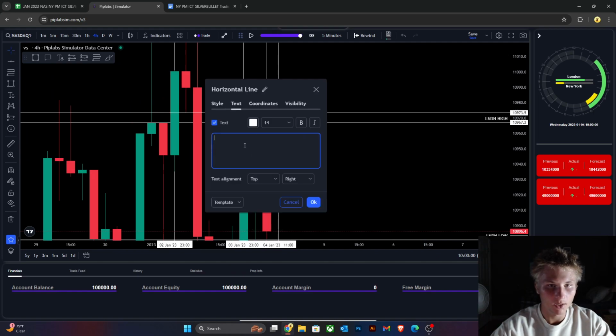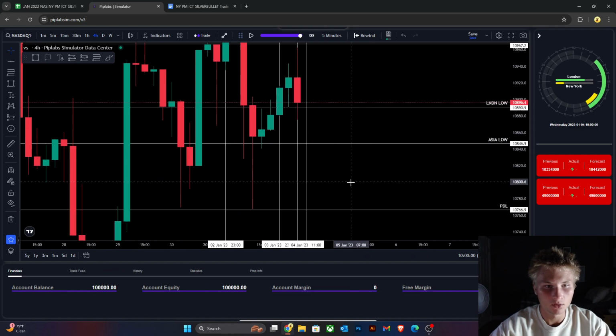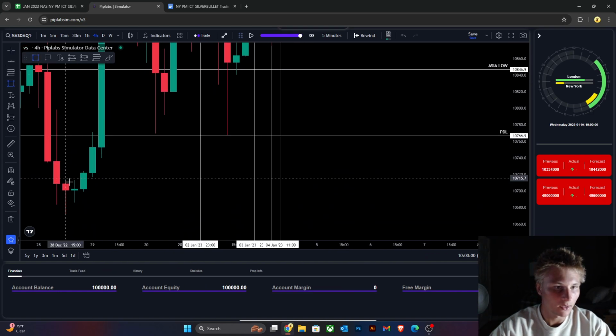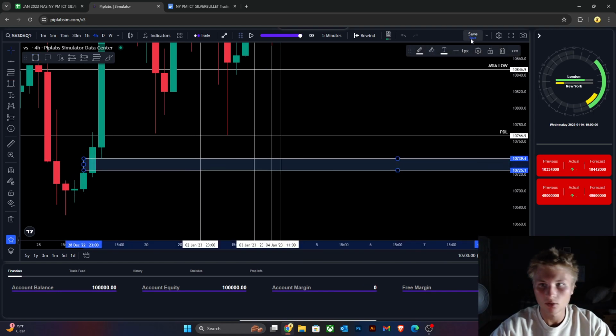Gonna mark up my higher time frame gaps. And down here looks like we have this 4 hour gap. Just gonna keep this marked up.